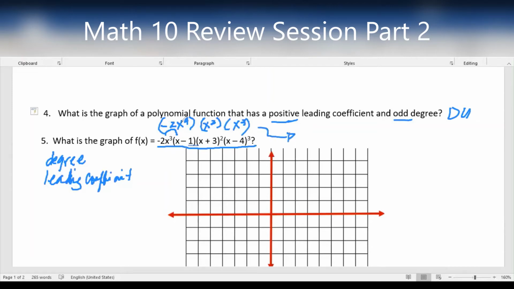Then, this will tell us the leading term na. So, negative 2x to the 4 plus 2, 6 plus 3, negative 2x to the 9. So, please review. Is it correct? So, the degree therefore is 9. And the leading coefficient is negative 2.